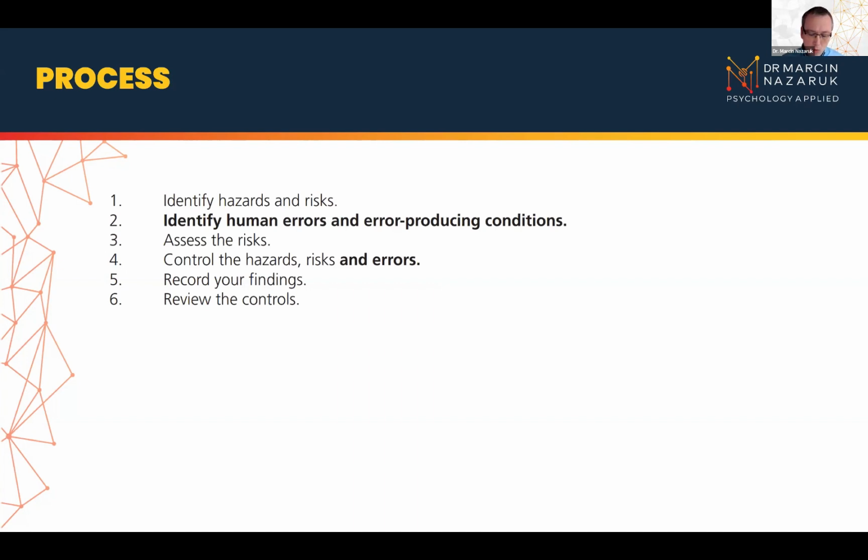And so now, while we can identify hazards just by exploring the workplace and the work and looking, oh, here we've got electricity, here we've got something else, it's very difficult to do that for human error or non-compliance or human action, because the potential risk is associated with a step.